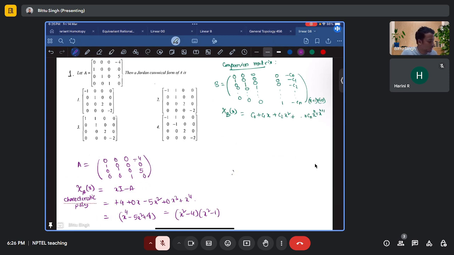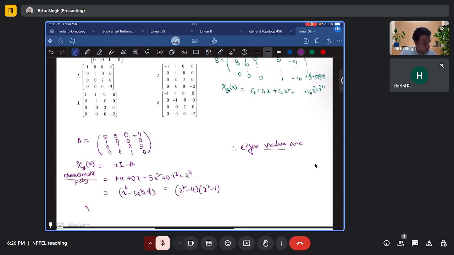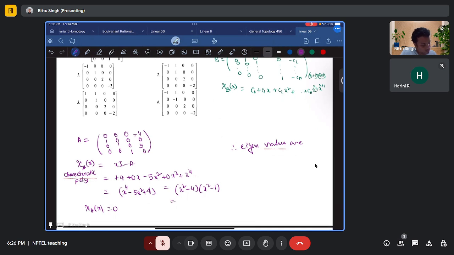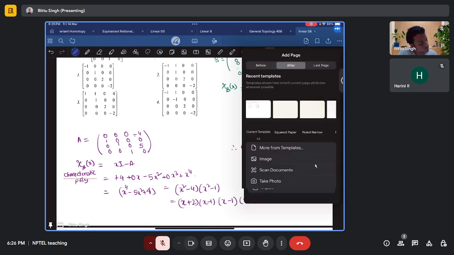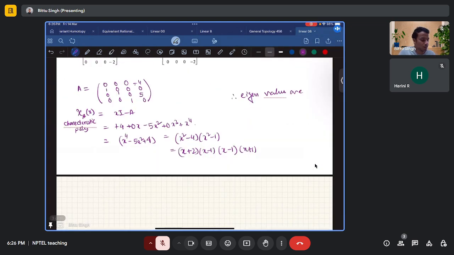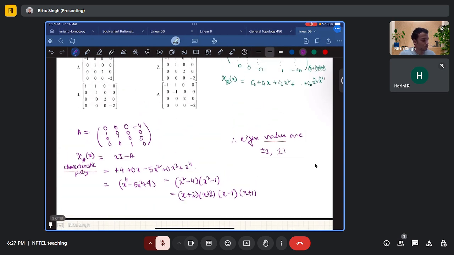So therefore the eigenvalues: equating chi A of x equal to 0, this is the same as x plus 2 into x minus 2, and x minus 1 into x plus 1. So from here it is clear that the eigenvalues are plus minus 2 and plus minus 1. There are only 4 eigenvalues.